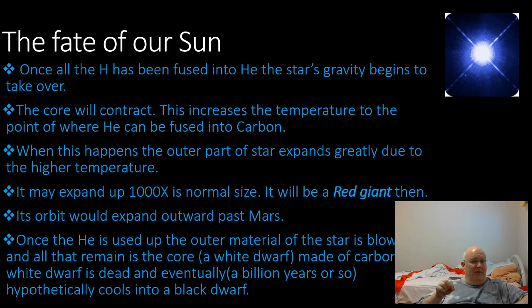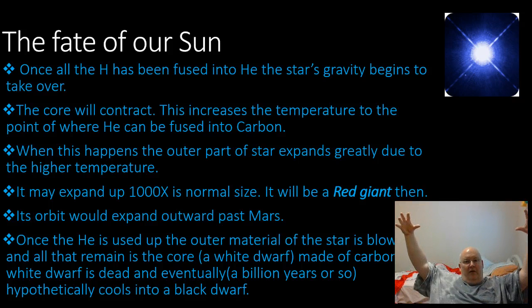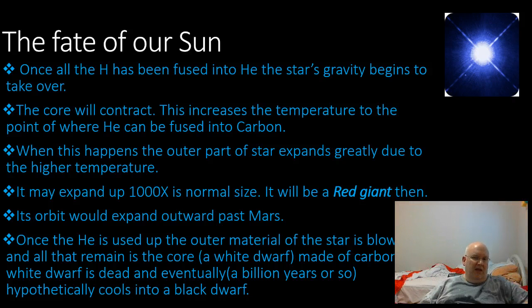Now, right before this happens, because the force of gravity inward is now more than the fusion outward because it ran out of fuel, gravity will take over and the star will collapse and bounce off the core. All the energy will bounce off the core, and the star will expand outward greatly and become what we call a red giant.